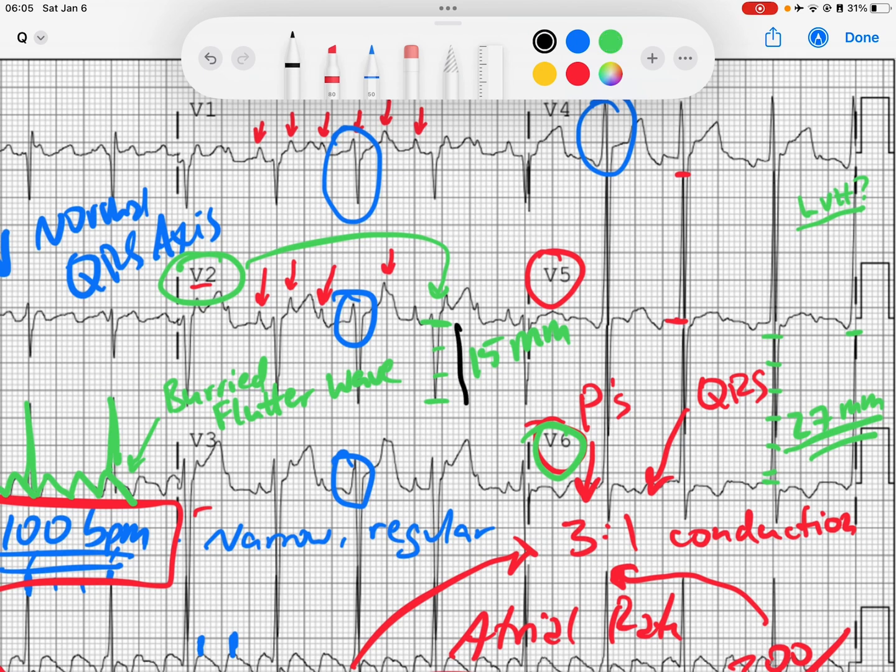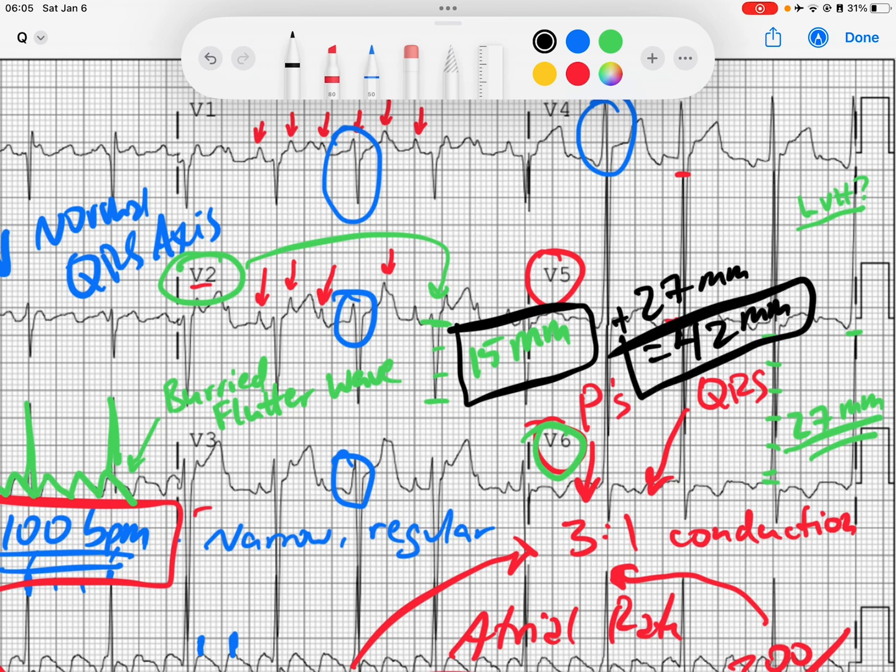And so if I add 15 plus 27 millimeters, I get 42 millimeters. And we know that the criteria for LVH is V2 plus V6 greater than 35 millimeters when you add those two leads together. So this does meet criteria for left ventricular hypertrophy.